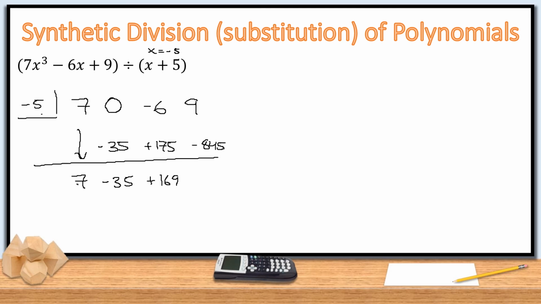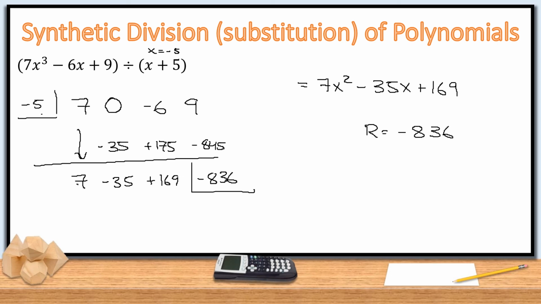So then 9 minus 845 is negative 836. And that's the end, so that gets the remainder bracket. So that means the constant is 169, negative 35 is x, and then 7 is x squared. So our answer would be 7x squared minus 35x plus 169, and then the remainder is negative 836.